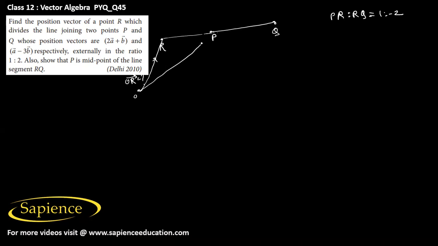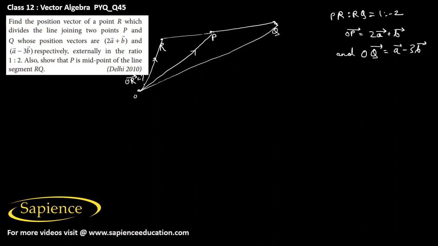And this is OP vector, which is the position vector of the point P, given as 2A vector plus B vector. And the position vector of the point Q is given as A vector minus 3B vector. This is OQ vector. So OR vector we need to find.